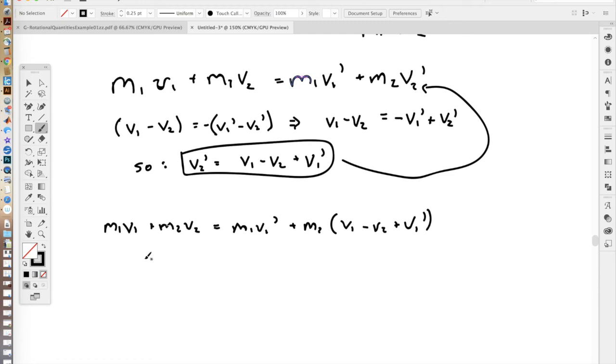Right, and now we can collect the v1 primes. Right, so this is equal to m1. There's an m2 v1 prime here, so I'll pull that out, plus m2 v1 prime plus what's left over, m2 v1 plus m2 v2.